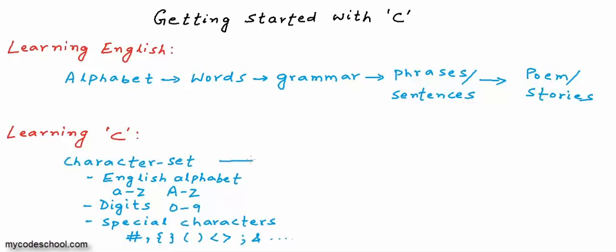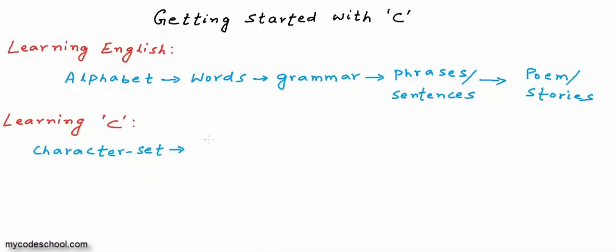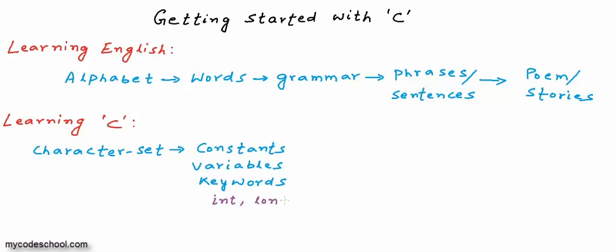Once you know the character set that you can use, then you need to know how to write constants, how to create variables, and you need to know some of the keywords. Keywords are special words that should always be used for a specific reason. Some of the examples of keywords are int, long, break, continue, while, and there are many of them.